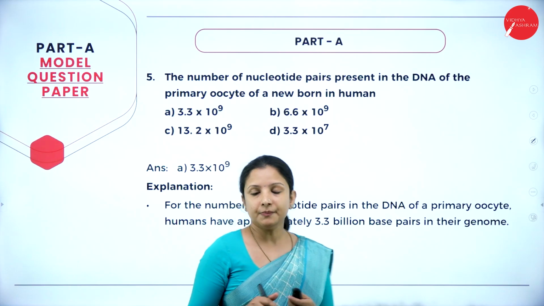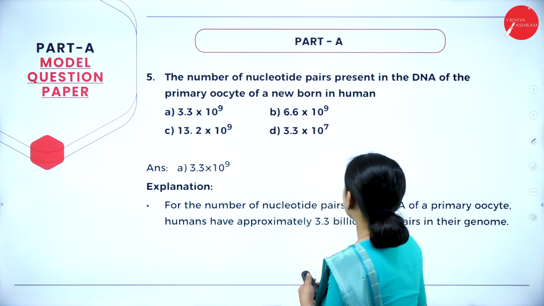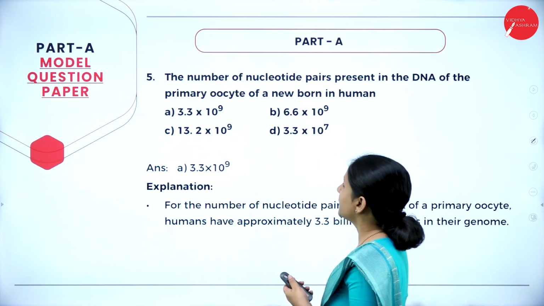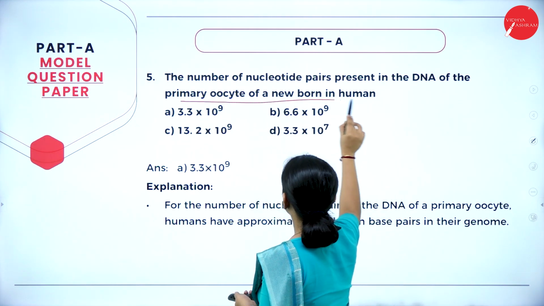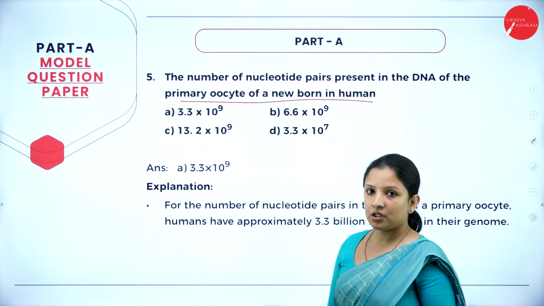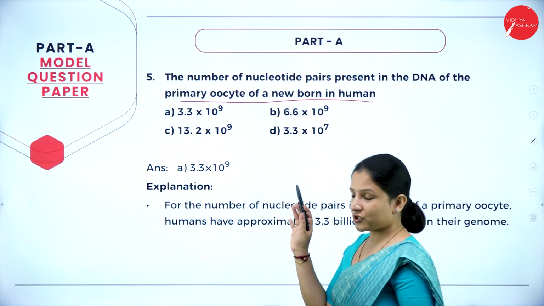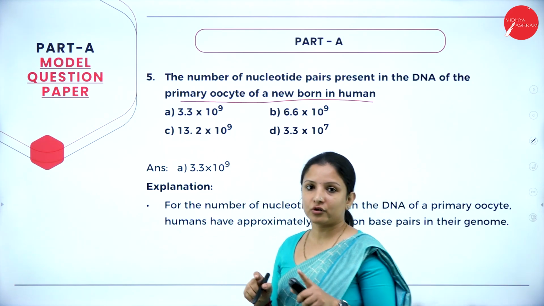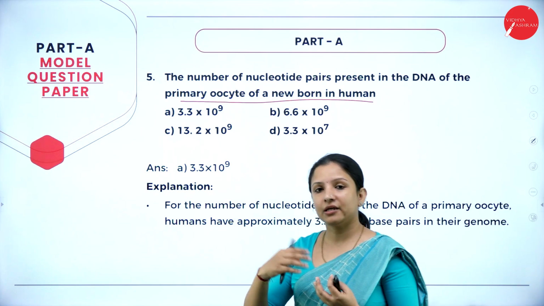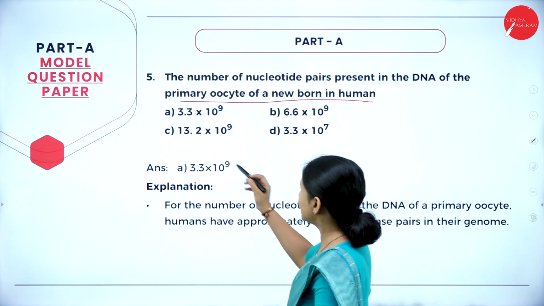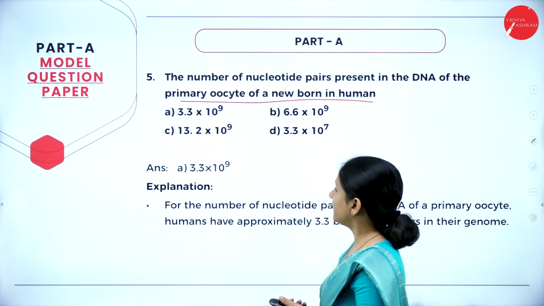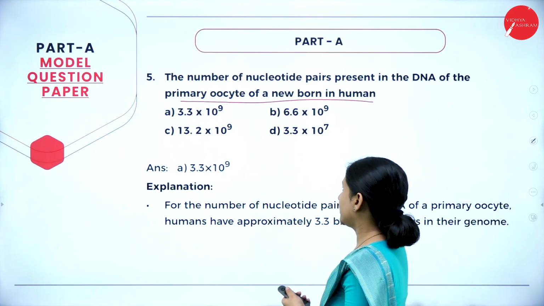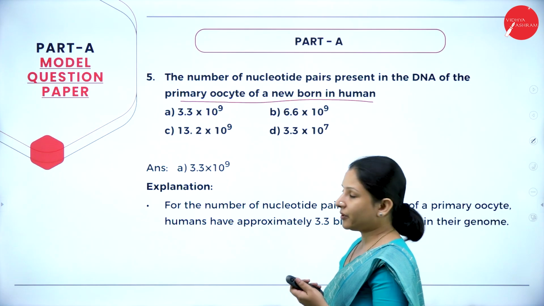Moving further, the number of nucleotide pairs present in the DNA of the primary oocyte of a newborn in human. They have given the length of the DNA strand in numbers, and obviously the number of nucleotides will give us the length of the DNA strand. Is it 3.3 into 10 to the power 9, 6.6 into 10 to the power 9, 13.2 into 10 to the power 9, or 3.3 into 10 to the power 9?